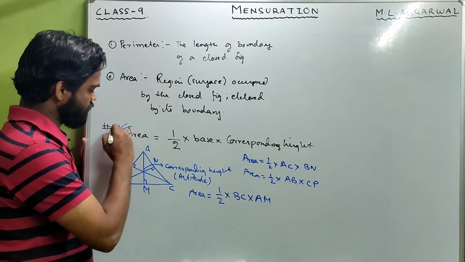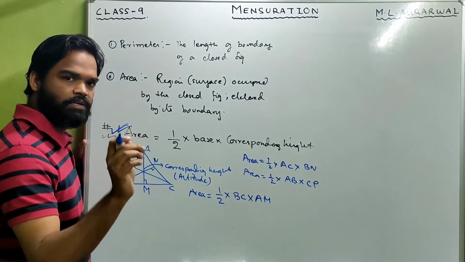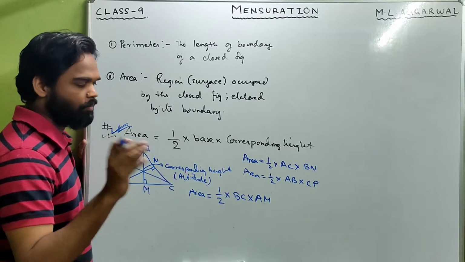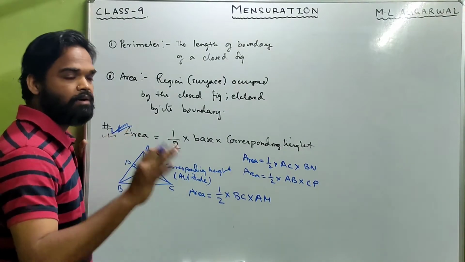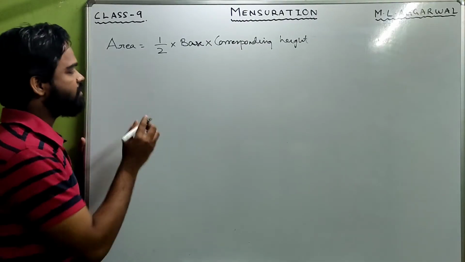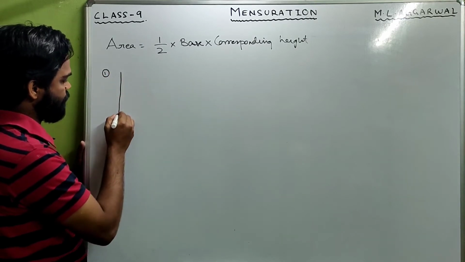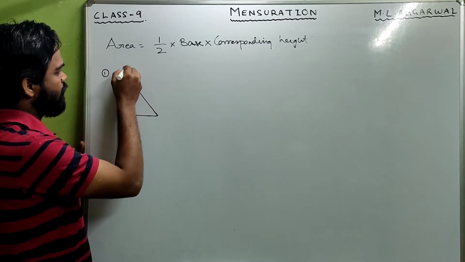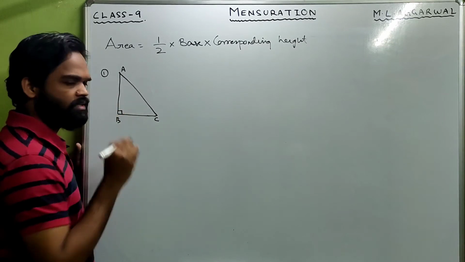Now using this, we'll try to find the area of certain special cases for a triangle. For example, for right angle triangle, what will be the formula? For scalene triangle, for isosceles triangle, for equilateral triangle. Okay, let us see that. Let us first see a right angle triangle. Suppose ABC is a right angle triangle, and one of the angles is 90 degrees.